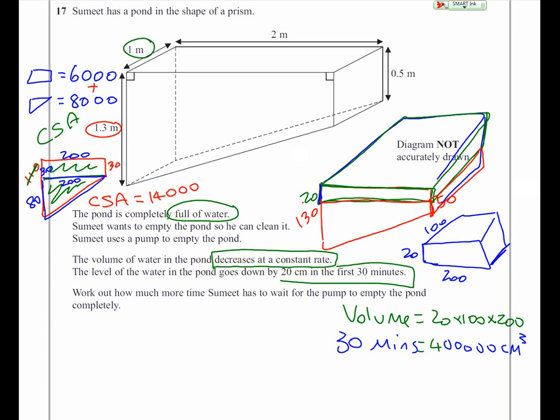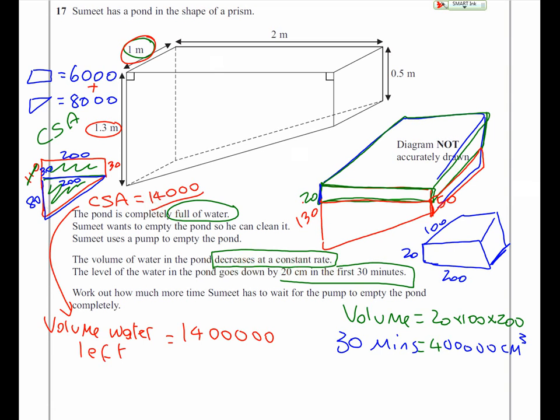14000. Now, like I said, we need to times that by 100 to get the new volume of water left. Times this by 100: 1,400,000.